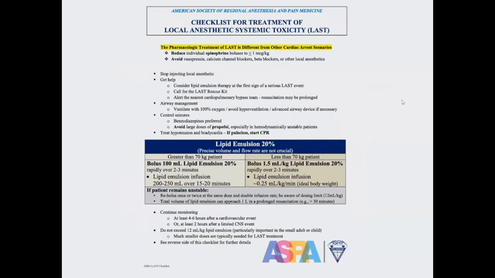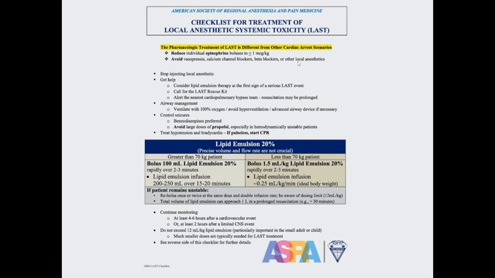The checklist for the treatment of local anesthetic toxicity is something that we have to follow. If cardiac arrest happens, we have to perform CPR. The doses of epinephrine are smaller than in a normal cardiac arrest caused by other reasons.